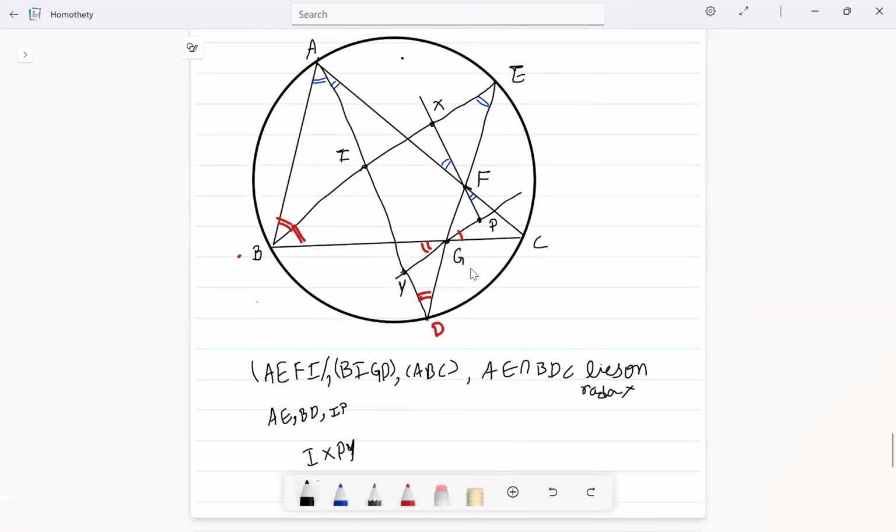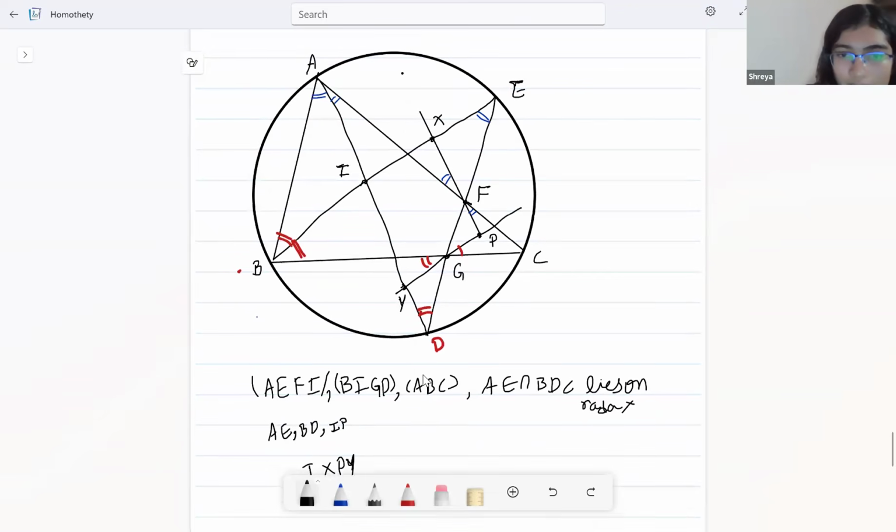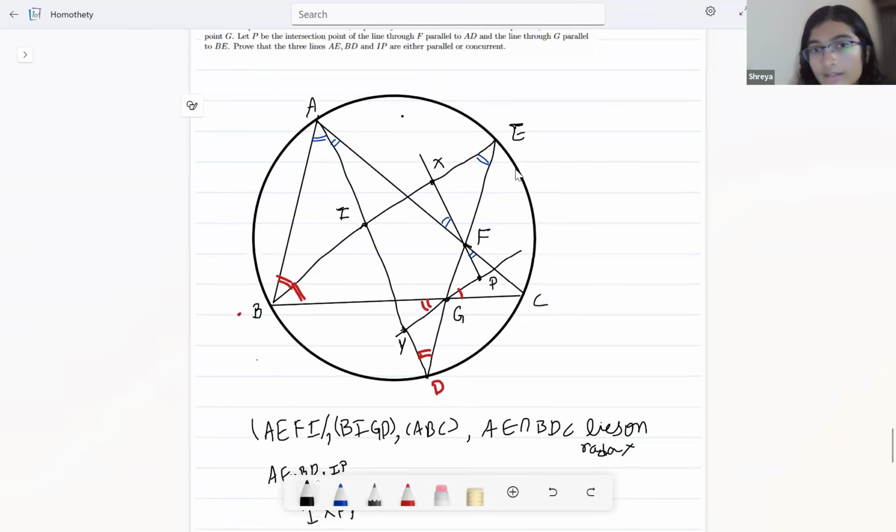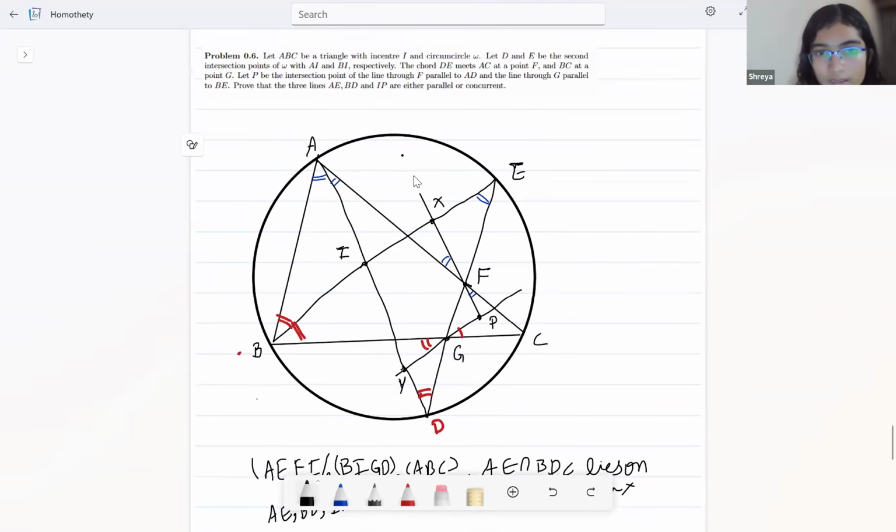So look at those two circles and ABC and do radical axis on those things. Then we get AE is the radical axis of this circle with ABC, and BD is the symmetric thing. And then these two and the radical axis of these two circles concur.